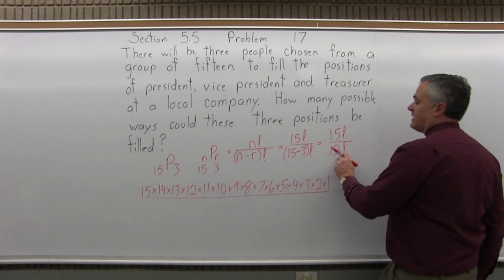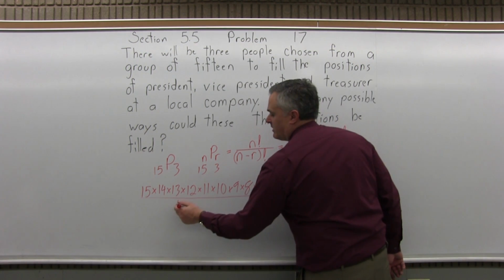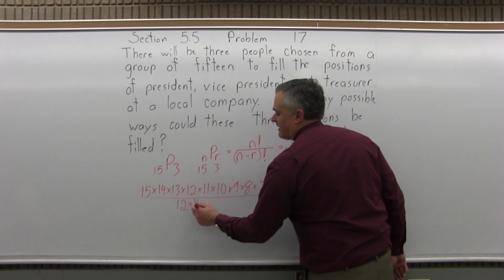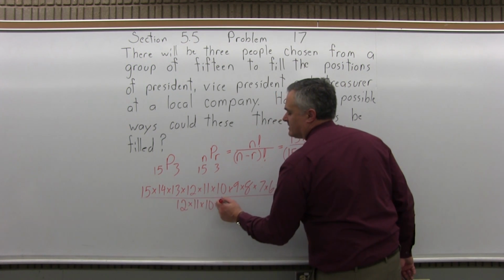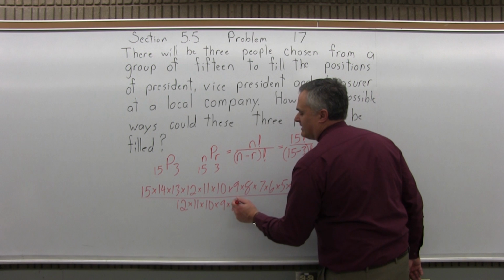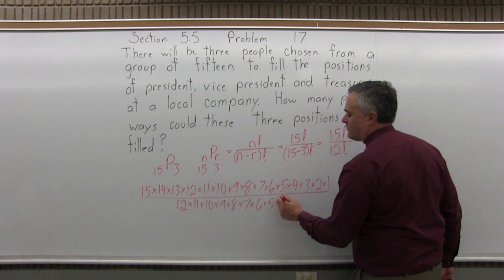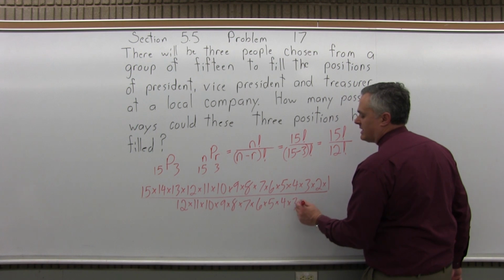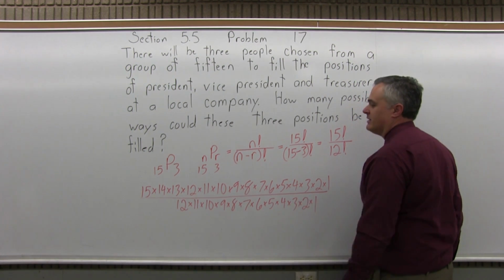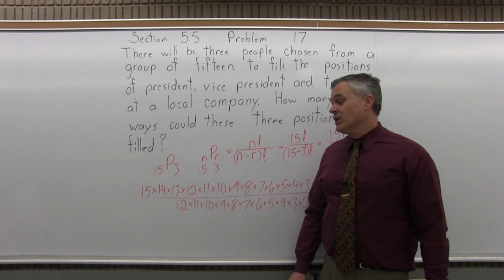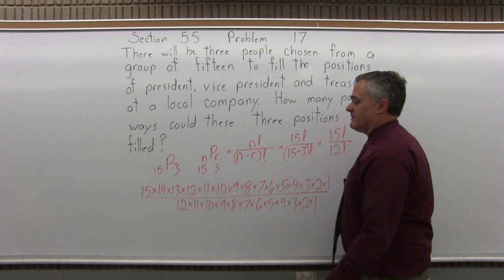And in the denominator, 12 factorial will be 12 times 11 times 10 times 9 times 8 times 7 times 6 times 5 times 4 times 3 times 2 times 1. That's a lot of multiplying, but you can cancel most of it.